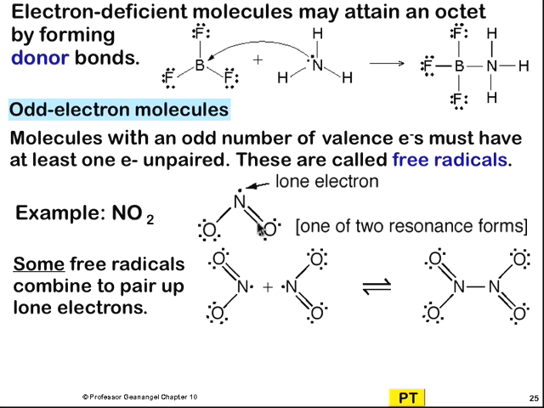It's partly responsible for the fact that on a real bad air pollution day, you see kind of an orange tinge. And that's mostly due to this fellow. But if you cool it enough, it forms this bond and makes dinitrogen tetroxide here, and that has no color. So occasionally, free radicals will pair up to make octet OK structures.